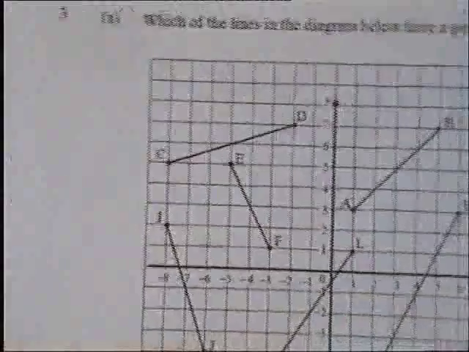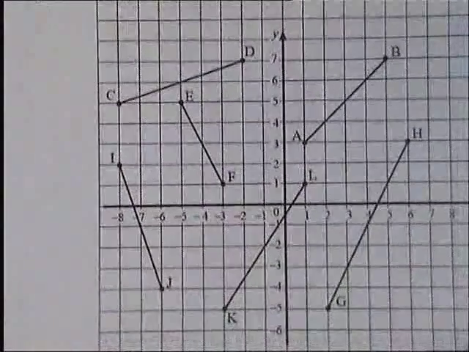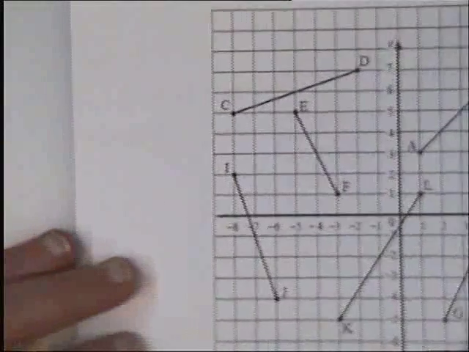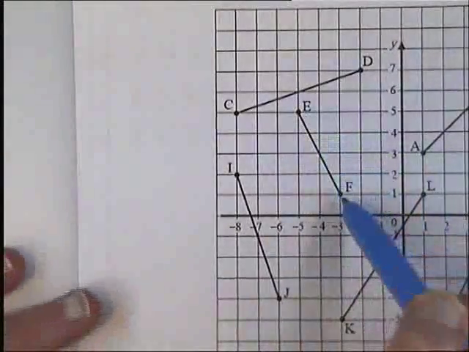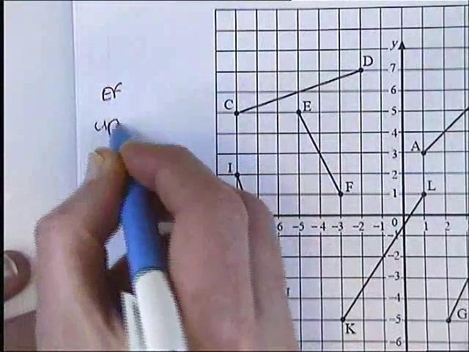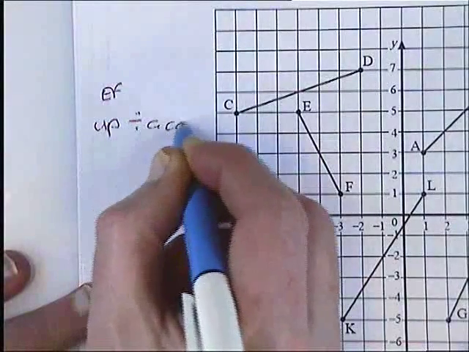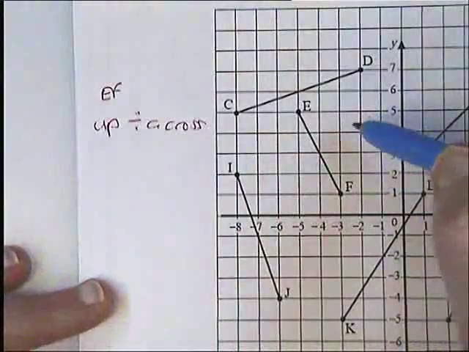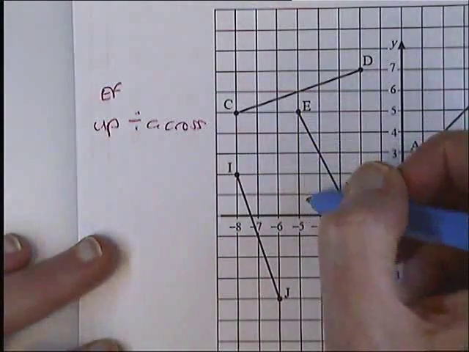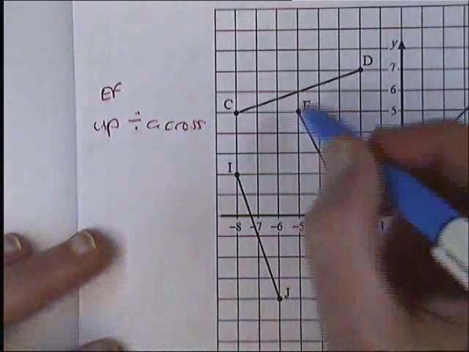However, if we look at some other examples on a different grid, some of these lines are going downhill. For example, if I look at the line here from E to F, I still need to do the up number divided by the across number. So from E to F, how far has it gone up? Or you can think about how far has it gone down, it doesn't really matter.